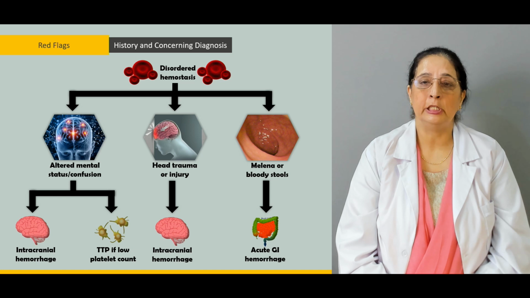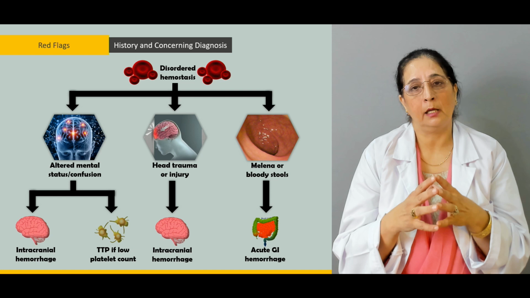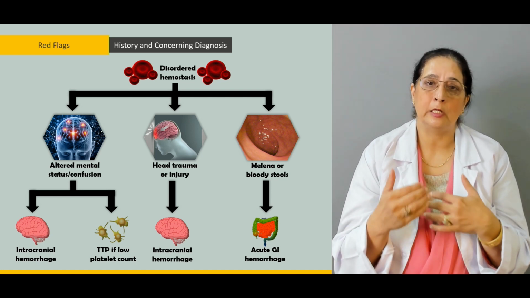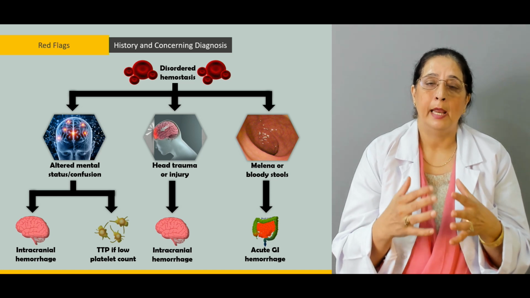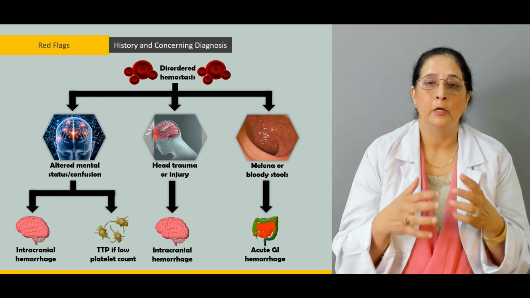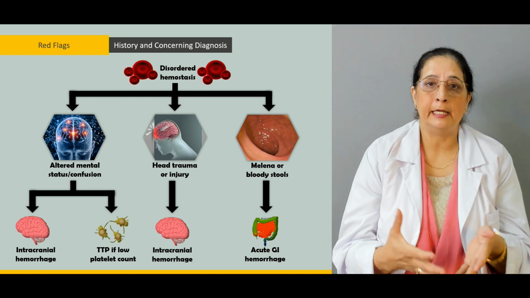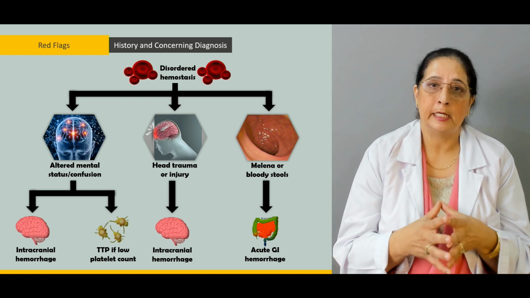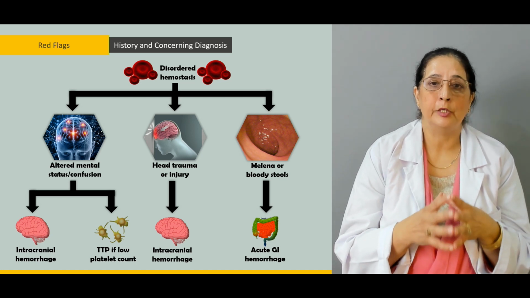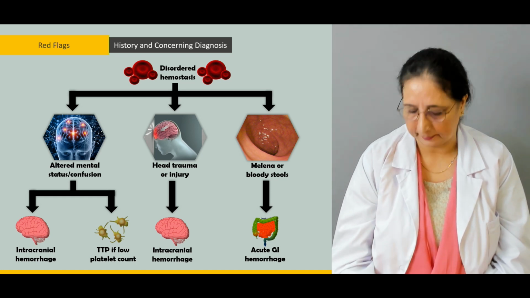Melena can be visible to the naked eye, or sometimes there is loss of blood in the stool which is occult blood loss. Different tests need to be performed to find out if there is internal bleeding or not. If there is head injury or trauma, there may be intracranial bleeding, and if there is intracranial hemorrhage, the patient will present with altered mental status.